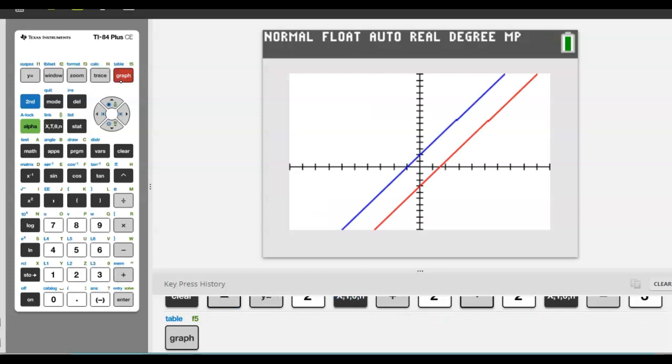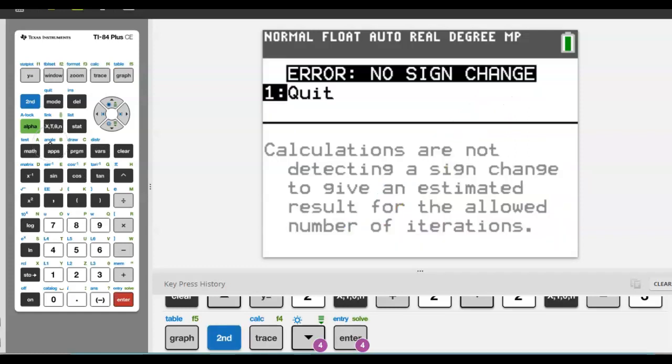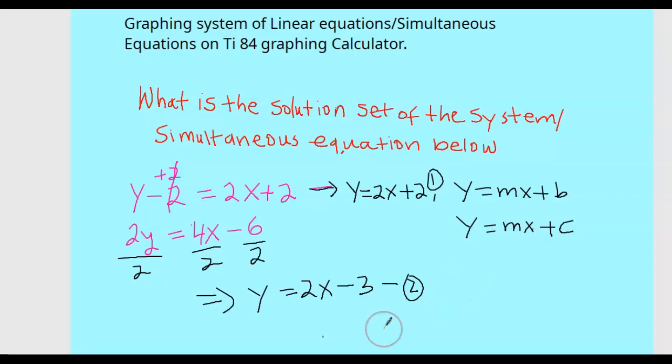So here we realize that the 2 lines are not intersecting, they are not crossing, so there is no intersection. The 2 parallel lines have no solution. So here there is no solution for this system of equations.